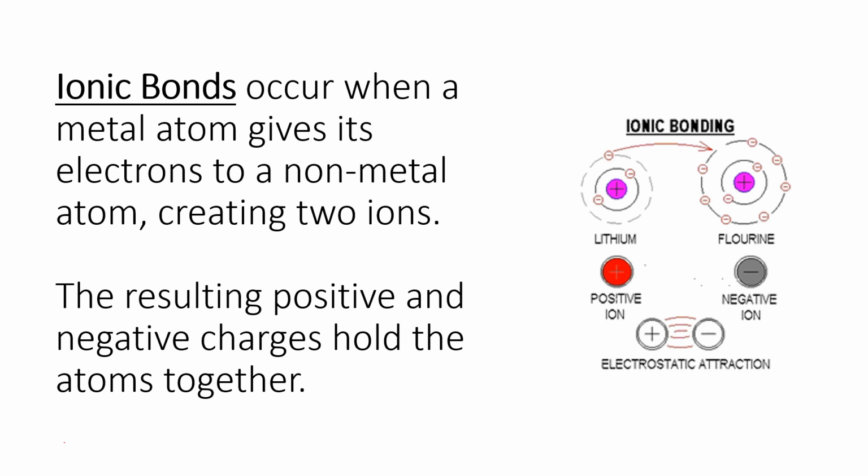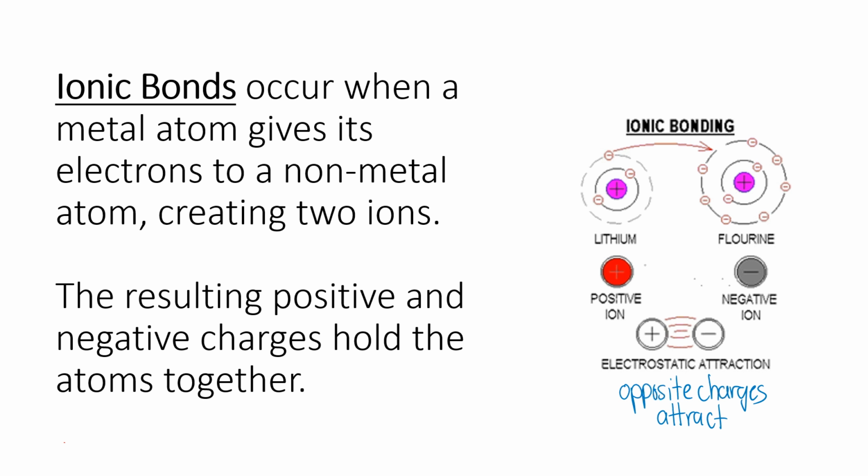So when the metal loses electrons, it forms a positive ion. When the nonmetal gains electrons, it forms a negative ion. As a result, those opposite charges attract. We call that attraction an electrostatic attraction, and that is what the ionic bond is. It's the attraction between these two ions, the positive ion and the negative ion.